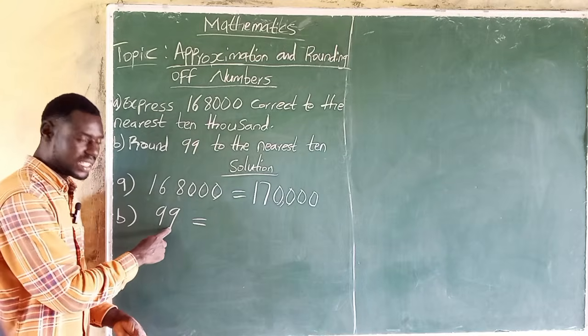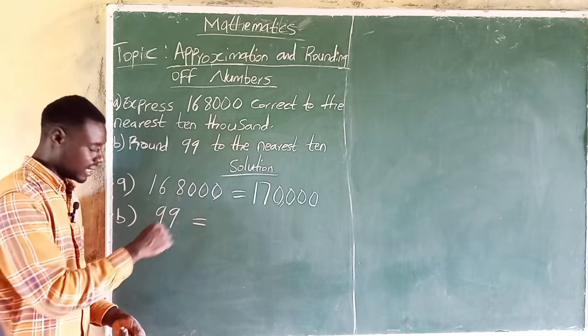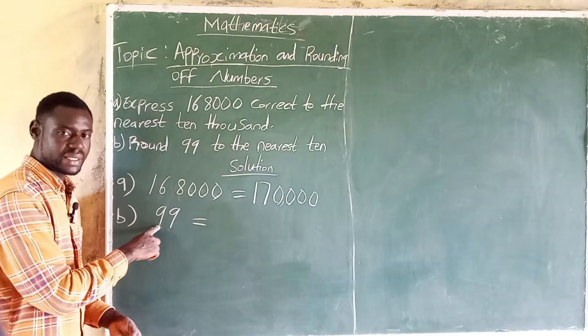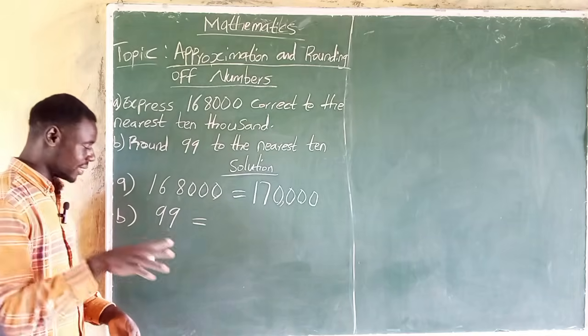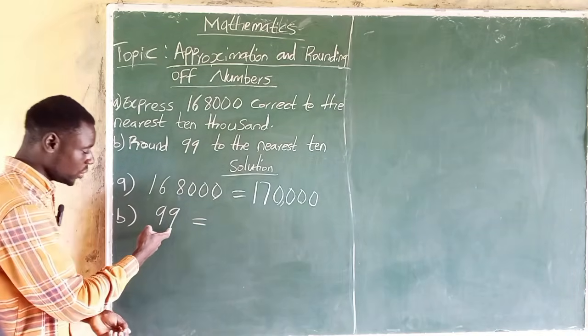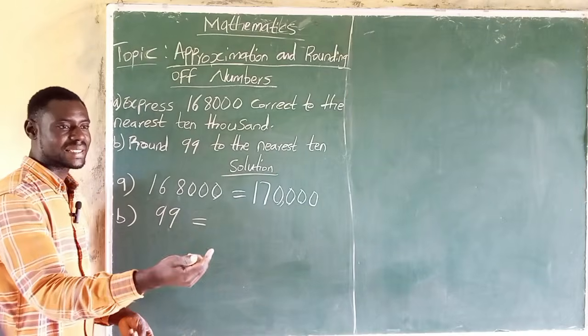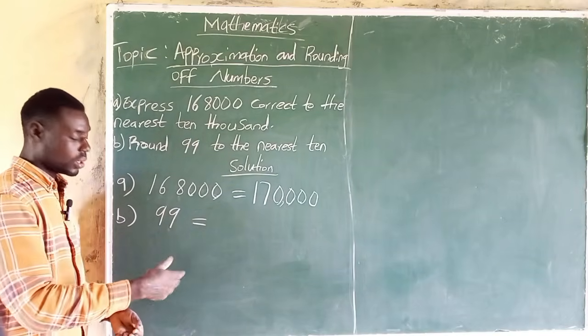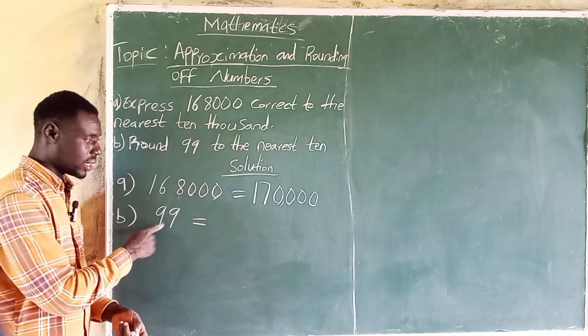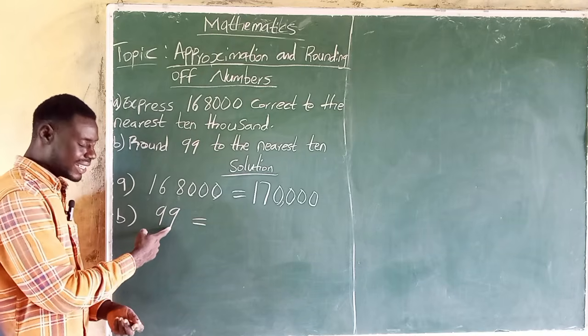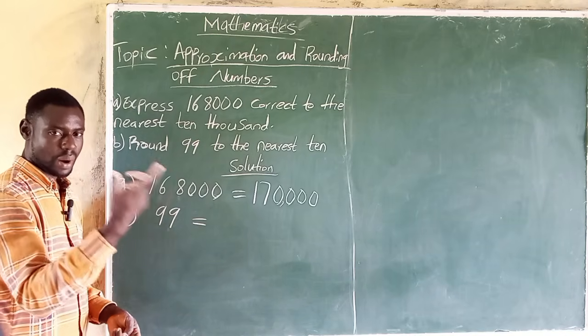Now, if you check very well, this is unit, and the place value for this one is tens. So they want you to get to the nearest 10. For you to get to the nearest 10, you try to round up the number that is close to these tens. This 9 is the one that is close to these tens. So is this one rounding up or rounding down?